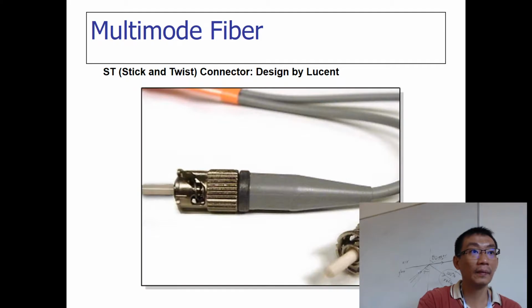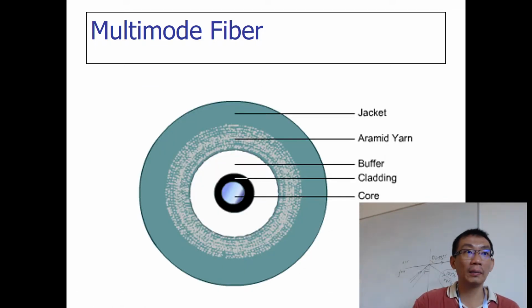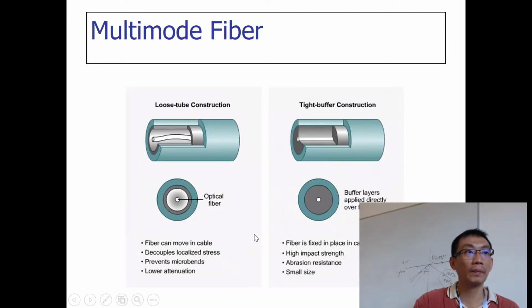All right, this is a fiber stick and twist. You can see you stick it and you twist it. And this is multimode fiber. In multimode fiber, you have two types. One is a loose tube construction. Another one is a tight buffer construction.